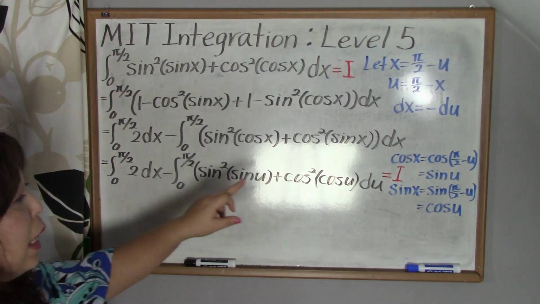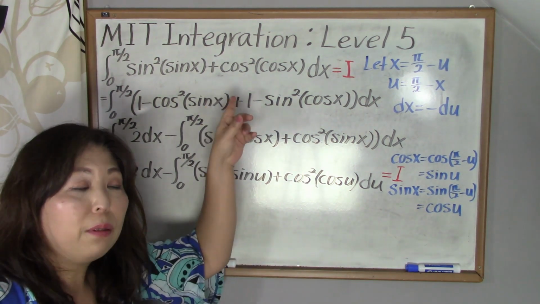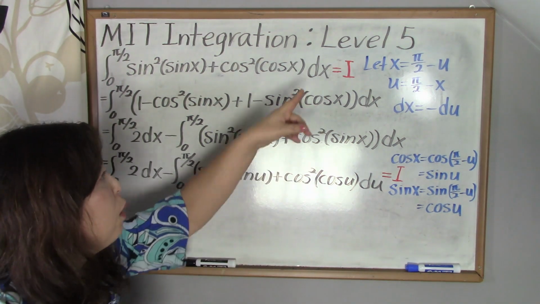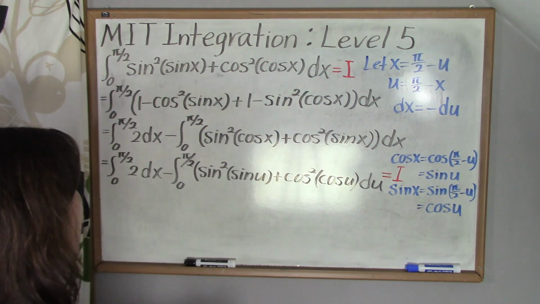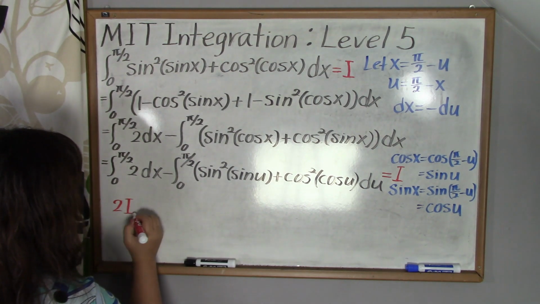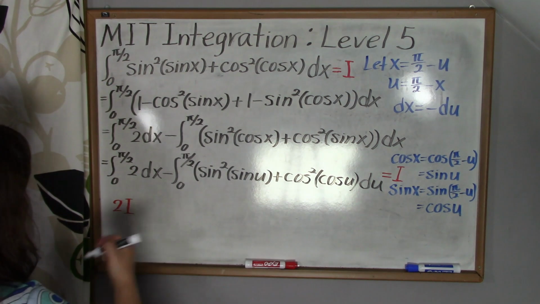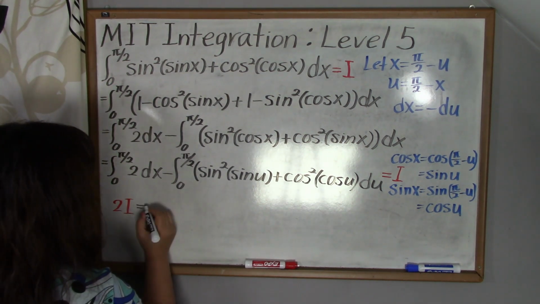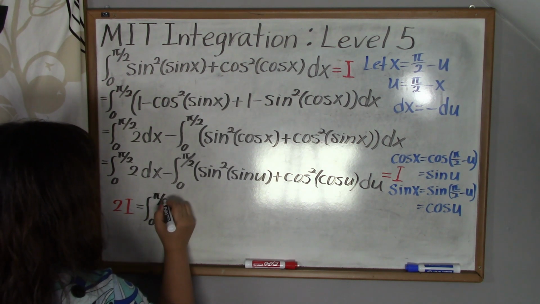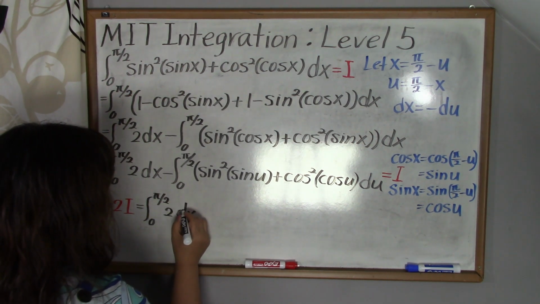So minus I. We want to bring this to the left side, so negative becomes positive. I plus I is 2I. And the right side is equal to the integral from 0 to pi over 2 of 2 times dx.